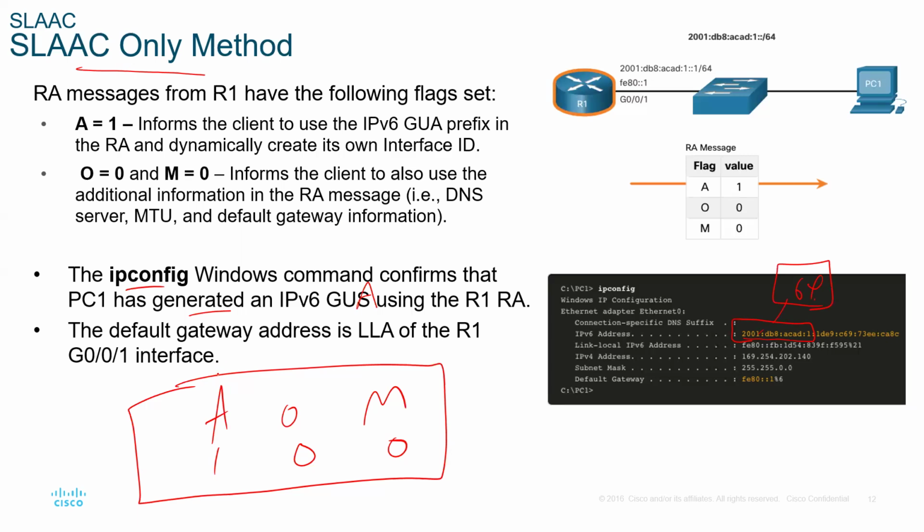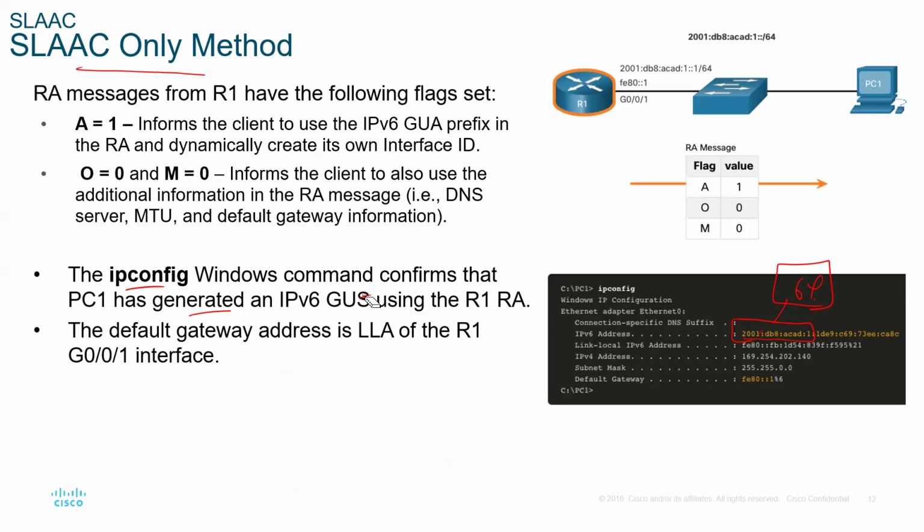Right. So if you look at the value of the IPv6 address of this PC, this is the IP config of this PC, and it is giving us the IPv6 address. If you look at this value that I have highlighted, it is going to be the same as this value that is here.